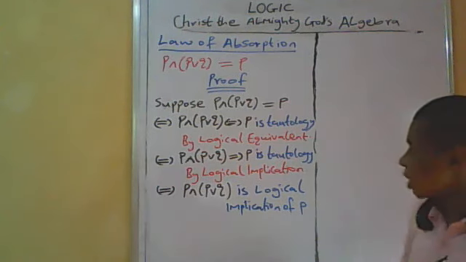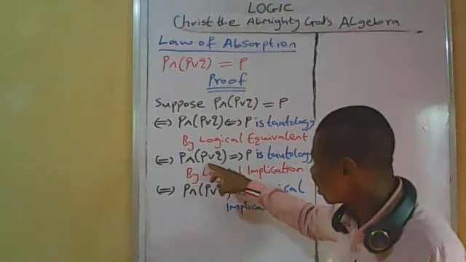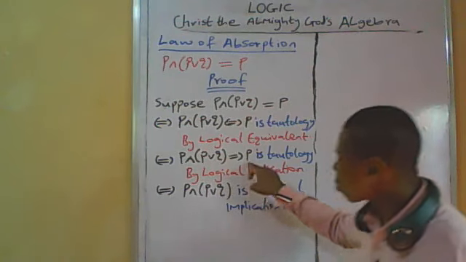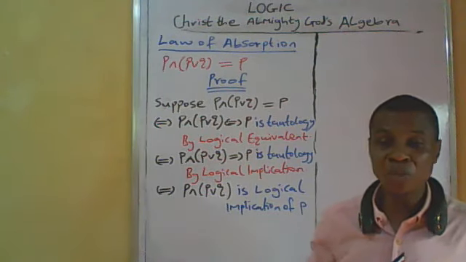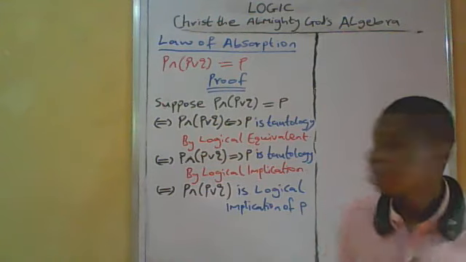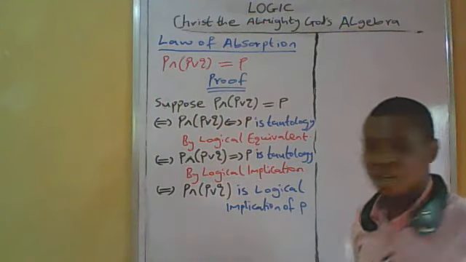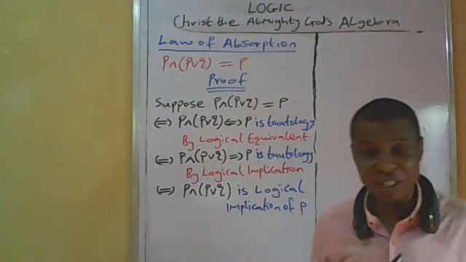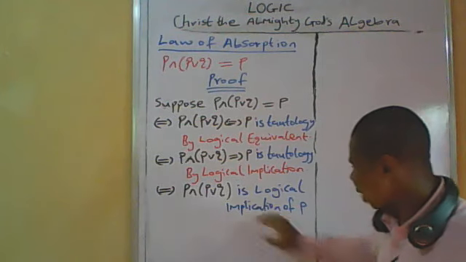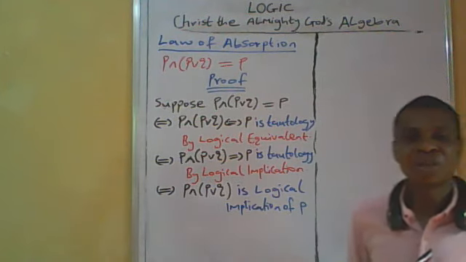The reason is that this antecedent is a proper implication of the consequent. Since it's a proper implication of the consequent, it is certain that the antecedent exists. It means that the antecedent is the logical implication of the consequent.